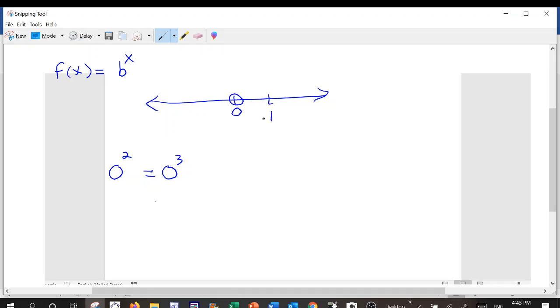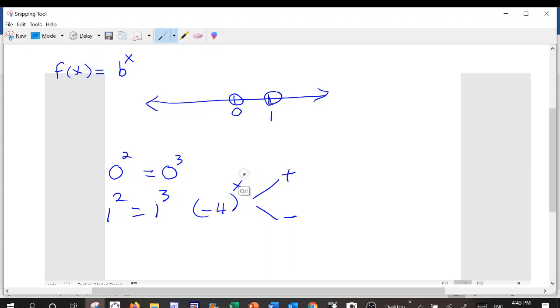Now what about 1? Well, 1 does the same thing. It creates the same problem. So we're going to get rid of 1 too. We don't want 1. Now what about negative numbers? Well, negative numbers create an even bigger problem, because if I have, let's say, negative 4 to the x, if x is even, that would be a positive number. If x is odd, this would be a negative number.